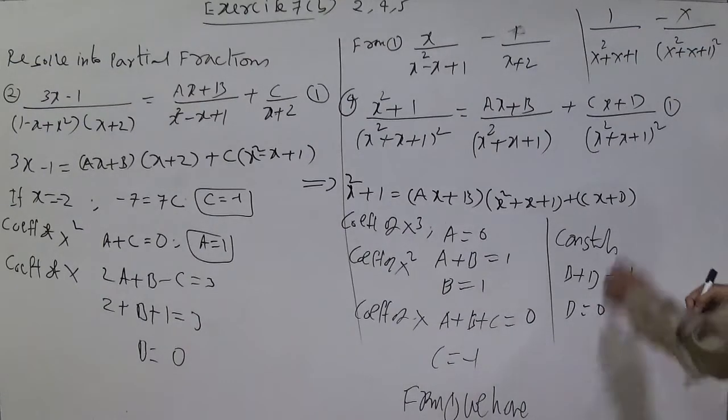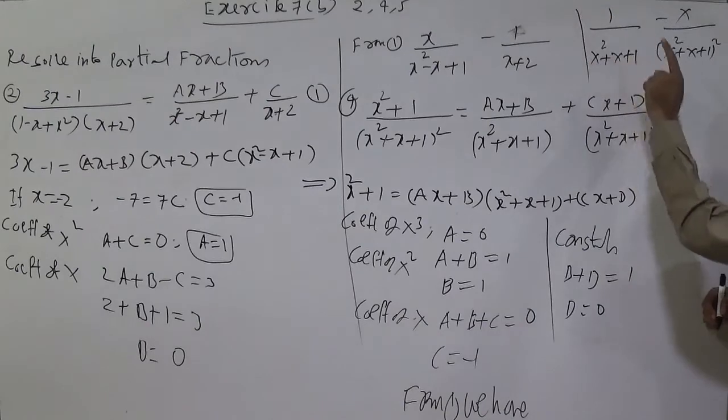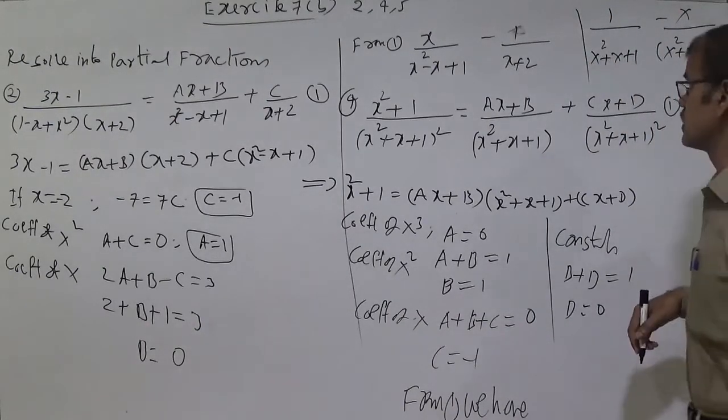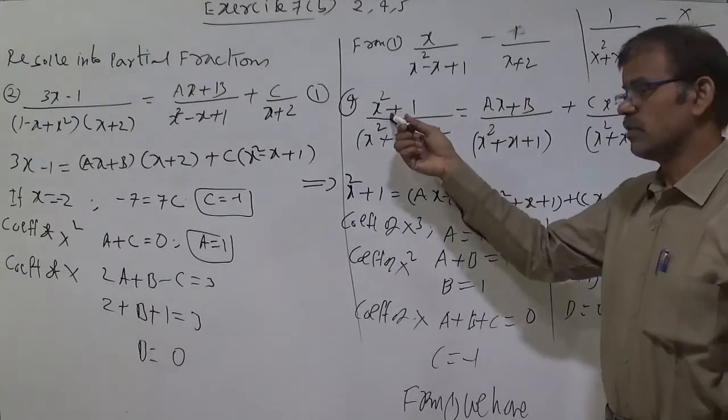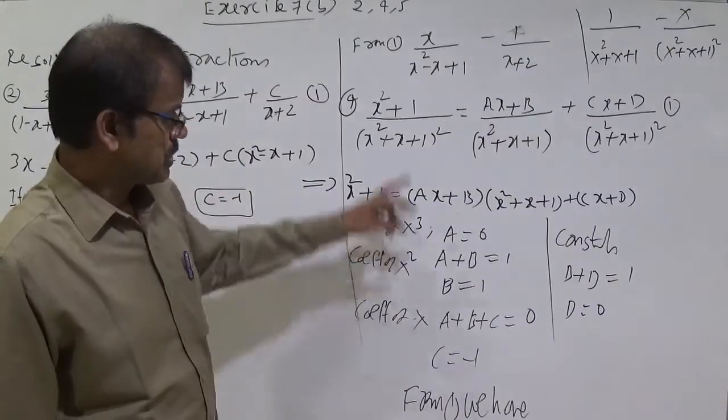By verification, students, you write here it becomes x square plus x plus 1, minus x, and x will be getting cancelled and x square plus 1 only will be remaining. So hereafter you can write directly in objective simply by splitting.